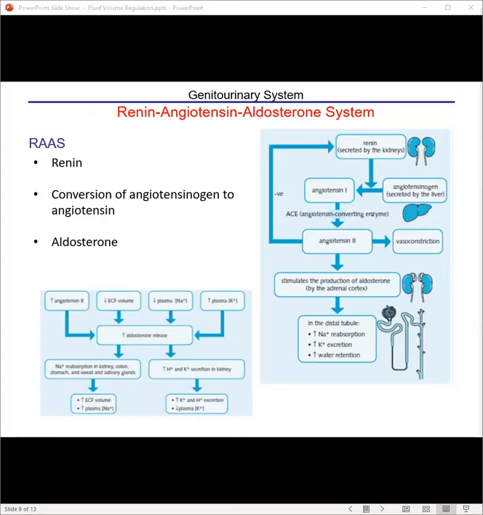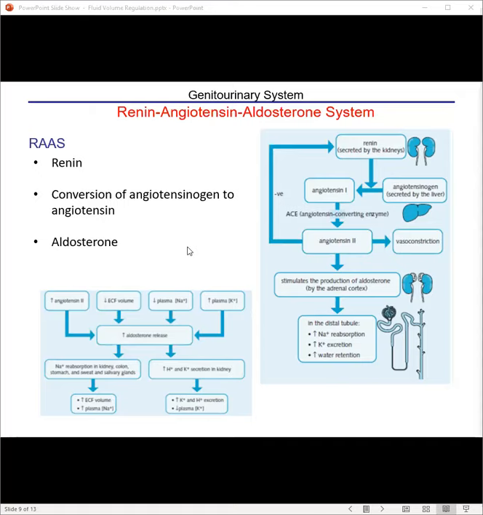So it is important to note, what is the clinical correlation here? It is important to note, for example, in conditions where you have problems of your adrenal glands. One of the conditions you might meet in the clinic is what is called adrenal insufficiency. Adrenal insufficiency is a condition where the adrenal glands fail to secrete the required hormone levels.